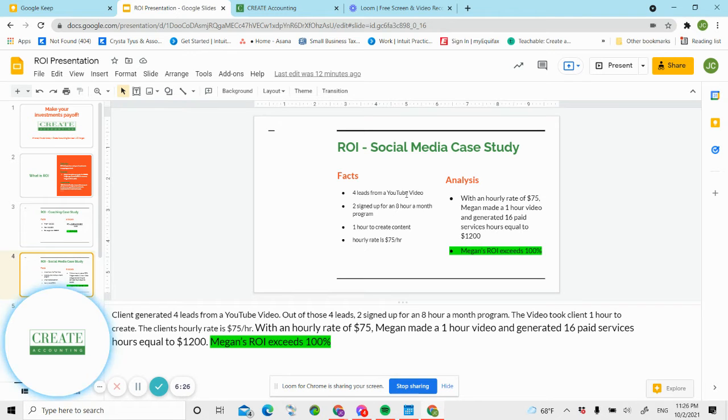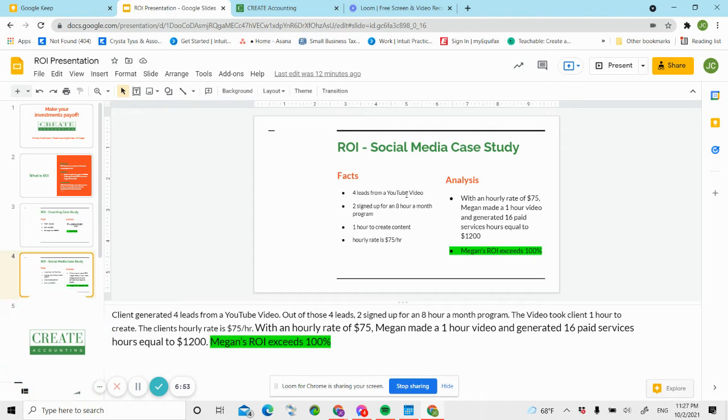Now, on the flip side, you can also do ROI for time. What is your return on investment on your time? So, for example, a client generated 4 leads from one YouTube video. Out of those 4 leads, 2 signed up for an hour a month program. The video took the client 1 hour to create.